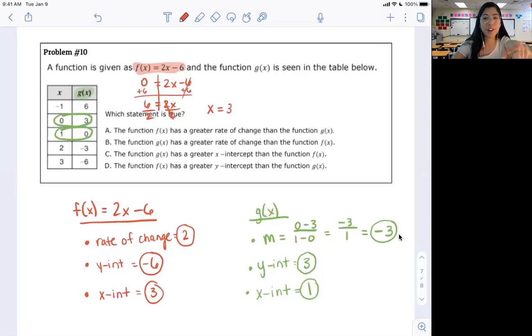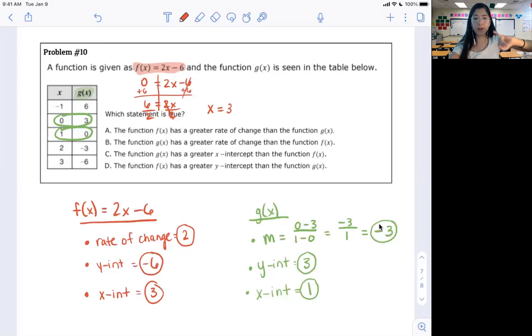Okay, so there's the trap that you just fell right into. That seems right, but actually the way that we talk about rate of change, we ignore the negatives because remember, rate of change is how steep that graph is, right? So even if it's negative, even if it's going down, it's actually still steeper than f of x because 3 is a bigger number than 2.